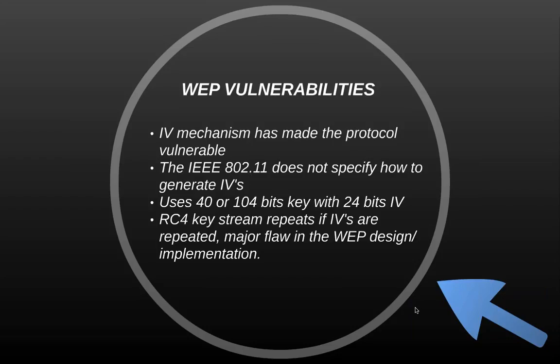The IV mechanism has made the protocol vulnerable. The IEEE 802.11 standard does not specify how to generate the IVs. It uses a 40 or 104-bit key with a 24-bit IV. The RC4 key stream repeats if IVs are repeated, which is a major flaw in the WEP design implementation.